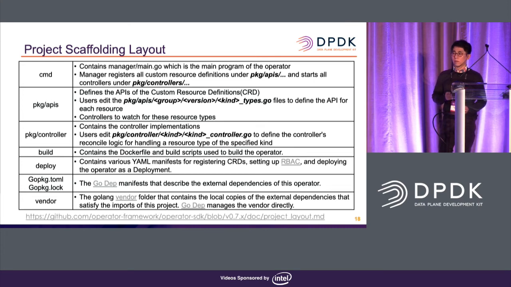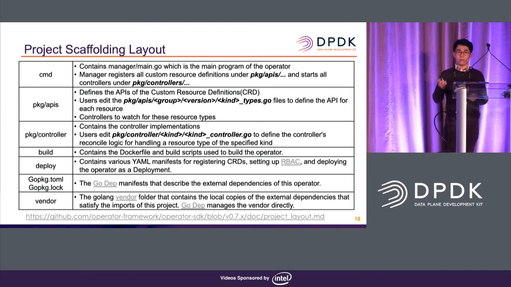So if you define the logic in the controller, Kubernetes properly calls the functions you defined like a hook function. It means if some events occur in Kubernetes, the operator calls the appropriate function defined in the controller.